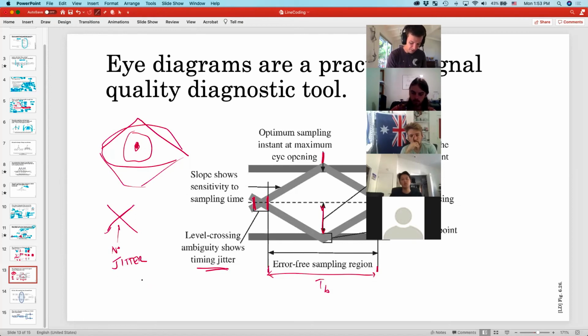But if we end up with kind of much fatter crossings, then, and you could actually measure this on your scope, right? You could use your cursors to determine what's the jitter timing. This doesn't tell you how to fix it, but it's a diagnostic tool. It tells you what is the current state of the system, and it's up to you and or your bosses to decide, is that good or bad, or do we need to fix it?